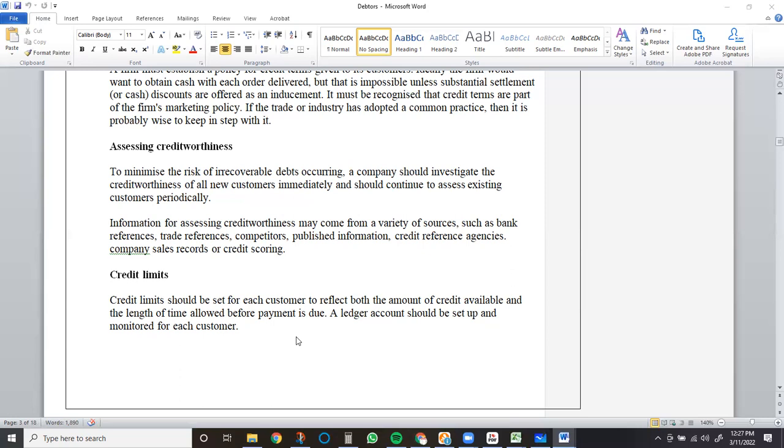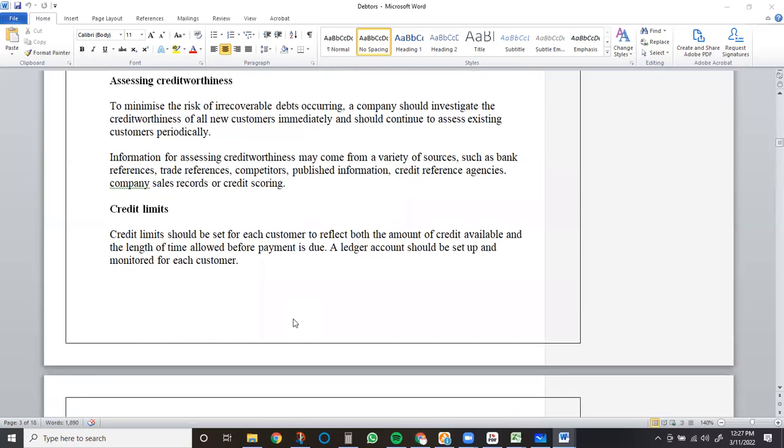So, for example, if it's the retailer, customer, supplier relationship, the retailer would get some credit from its suppliers, and then the retailer might be in a position to offer credit, if that is the norm in the industry, to its customers. Of course, the ideal thing is to receive credit from your suppliers, but not have to give credit, because that would certainly shorten your cash conversion cycle, and the cash would come back to the company a lot more quickly.